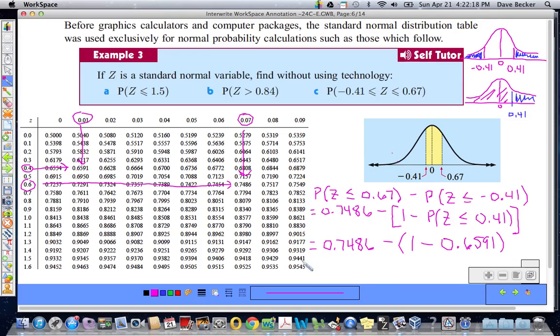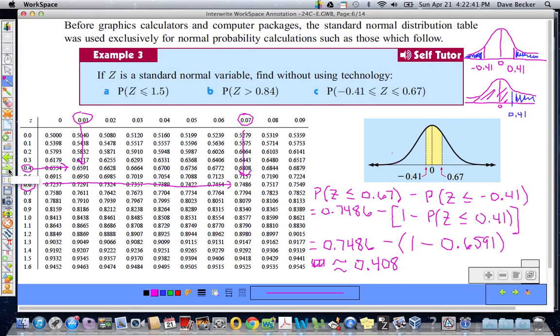Now this would be on a paper 1, so you'd have to do all of this by hand. I'm not going to show you how to subtract a decimal. I will just tell you that the answer is approximately 0.4408. All right, so that is that.